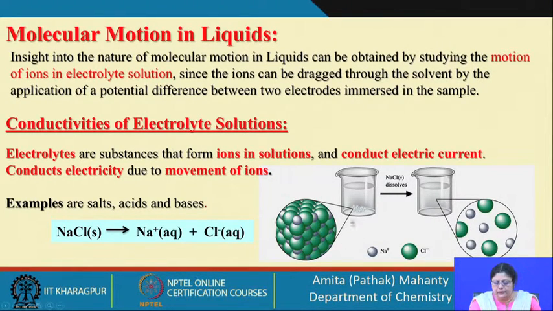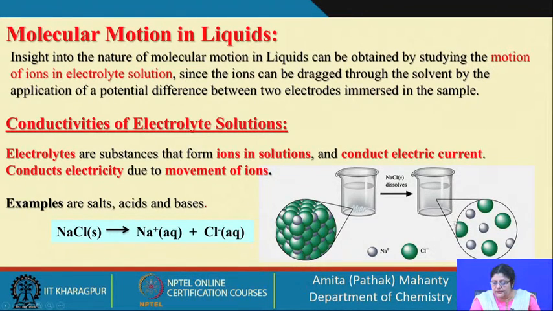If you look at a picture like this, suppose you have an electrolyte. If I have a salt like sodium chloride, it is going to ionize in water into Na plus and Cl minus. We have added sodium chloride crystals, and when we dissolve them, what happens?